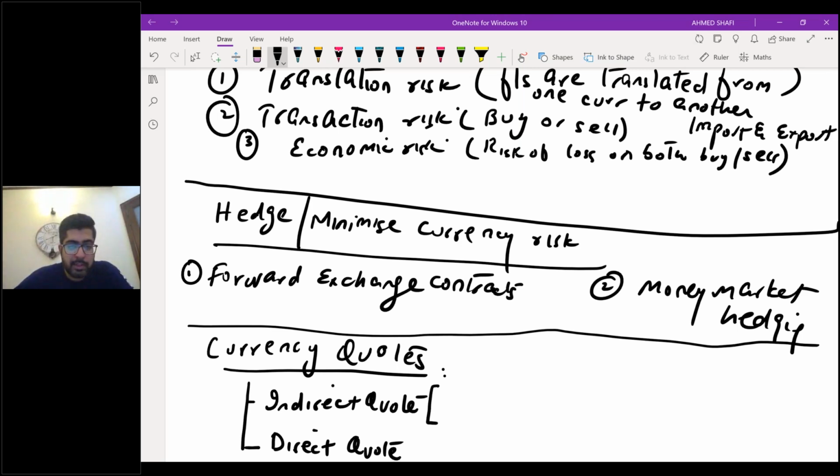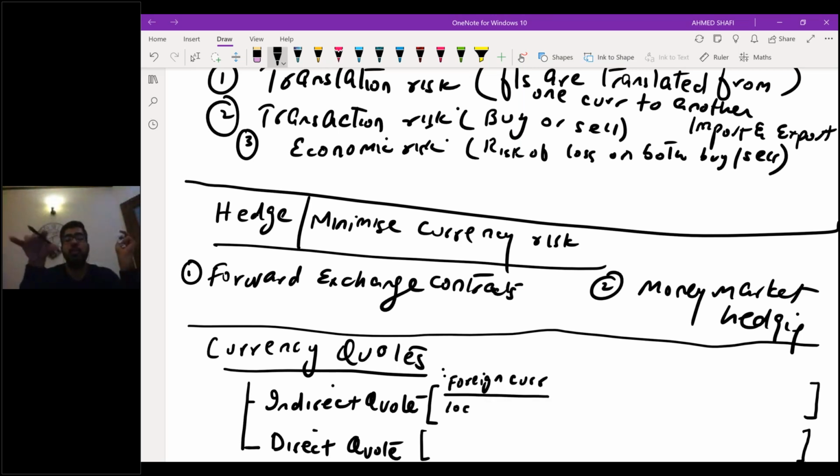Indirect quote sign is foreign currency in the numerator and local currency in the denominator. Whenever you see foreign currency coming in the numerator and the company's home currency or local currency in the denominator, that's an indirect quote.